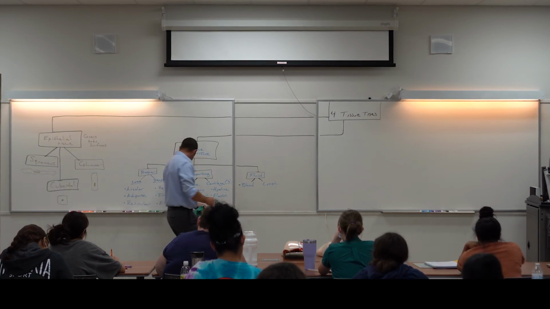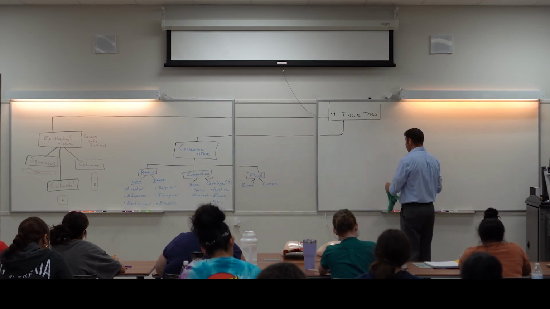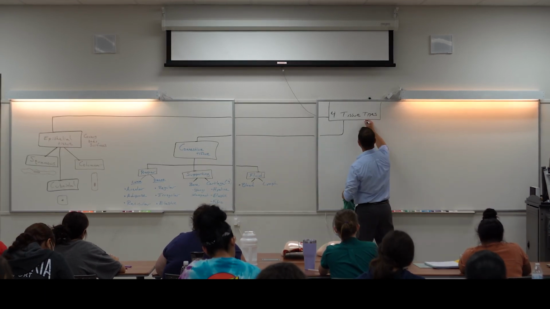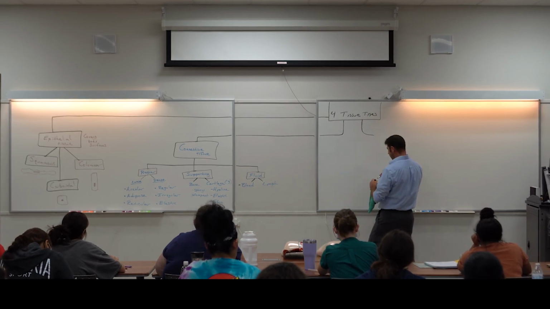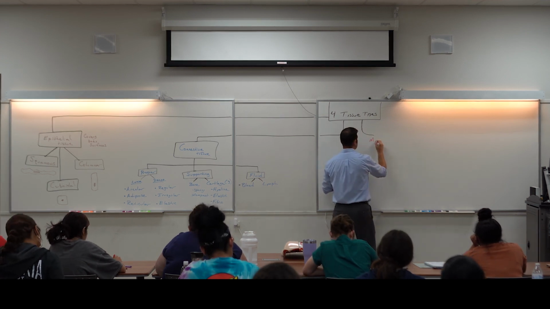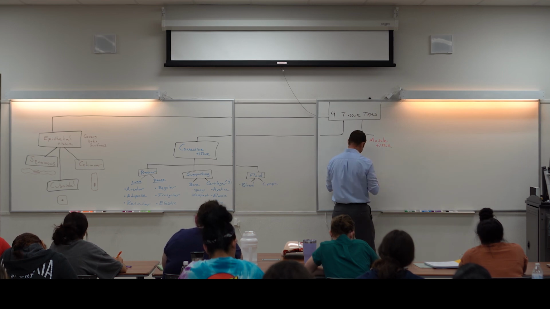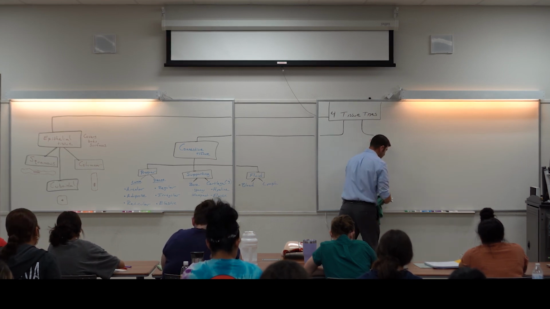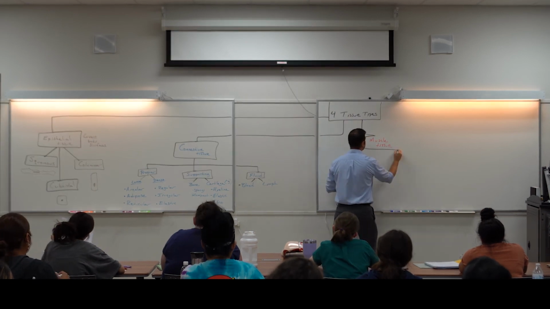Let me grab colors that are appropriate. And let's drop down to, we'll just move into this area right here. Our next type of tissue is going to be muscle tissue. Let's look at muscle tissue.